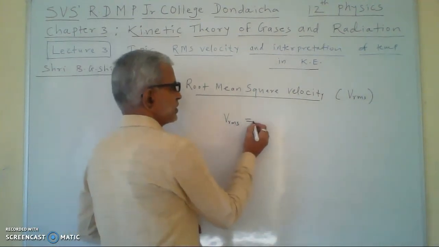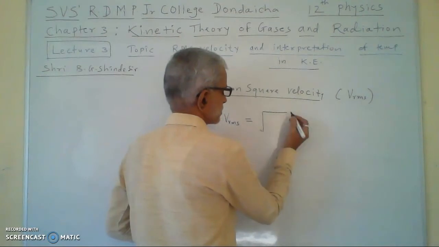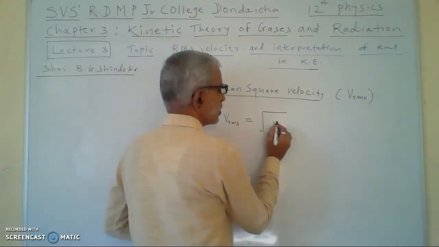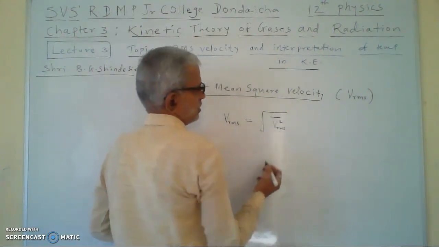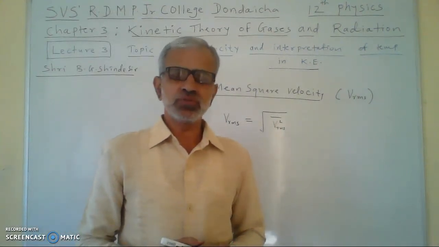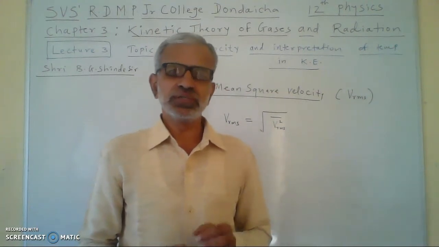It is the square root of the mean of the squares of the velocities of the gas molecules, and this is called the RMS velocity.